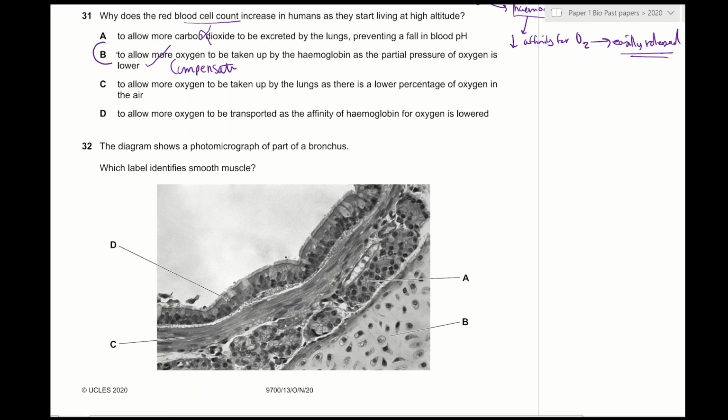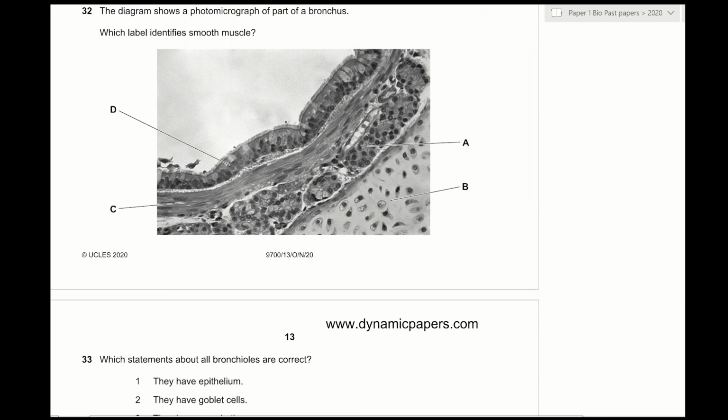Therefore, B is the correct answer. Just a side note, the syllabus starting from 2022 onwards has actually deleted the altitude part, so it's no longer in the syllabus.